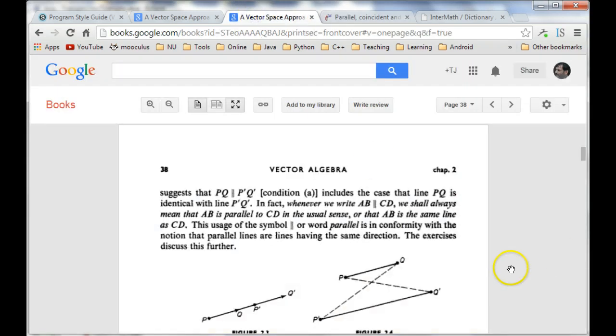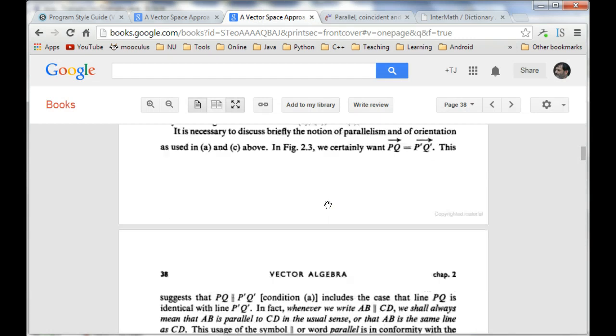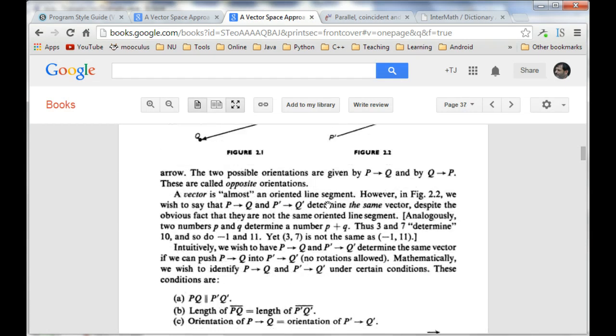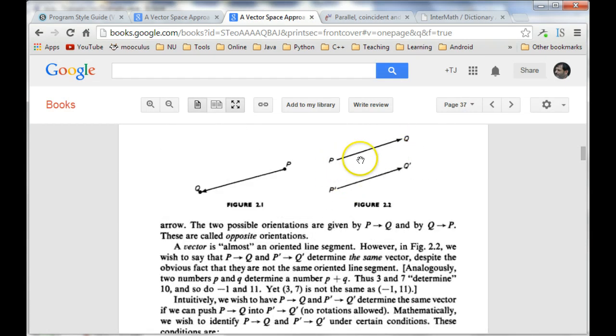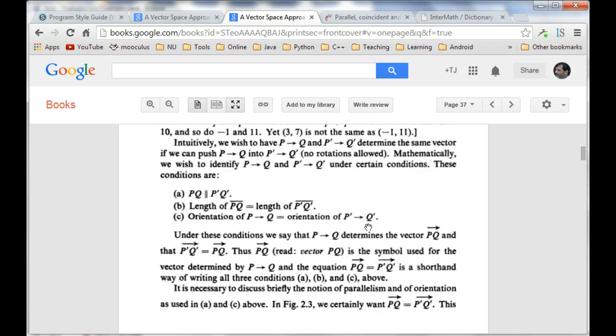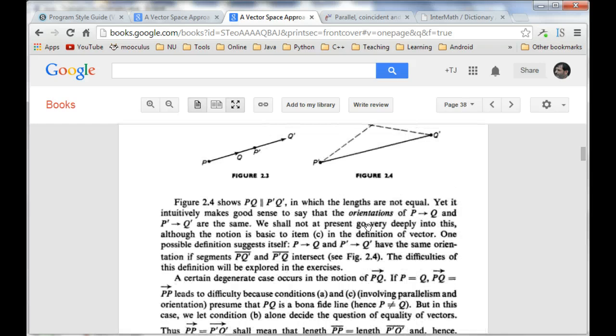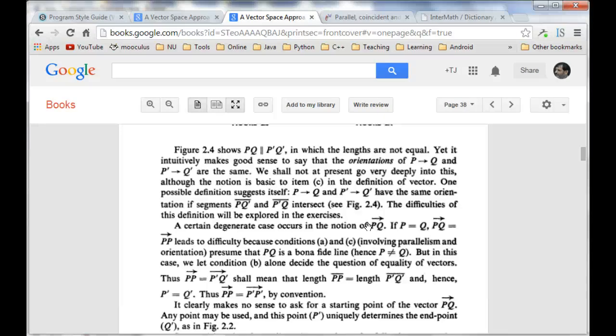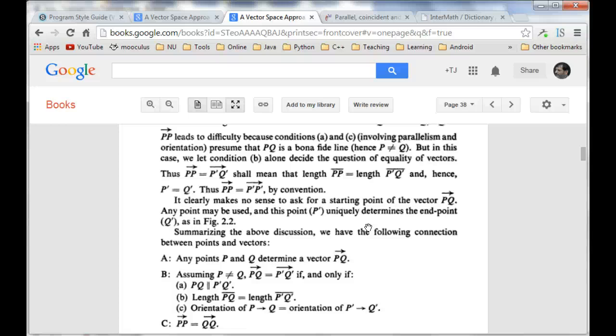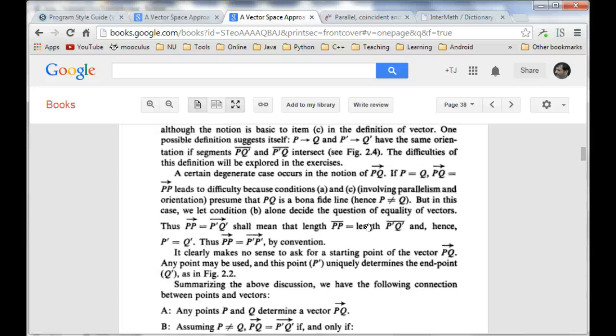So we would consider this directed line segment PQ to be parallel to itself, basically, is the idea. As long as the direction is the same and the length is the same, we're good, right?